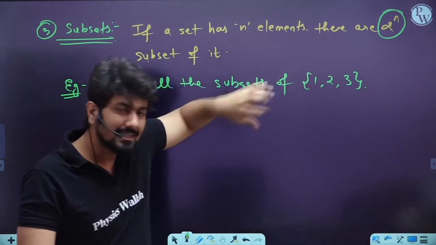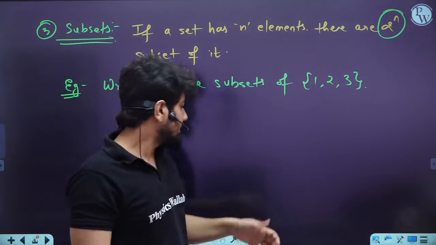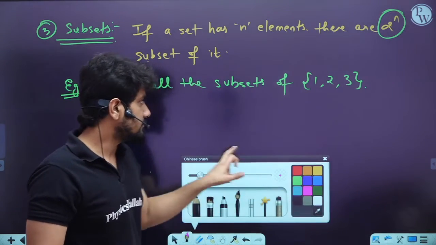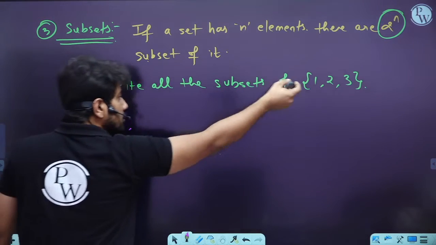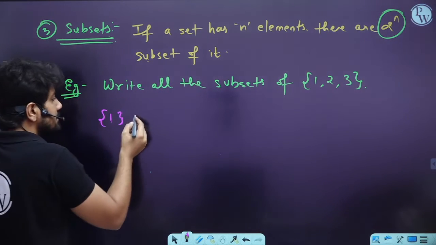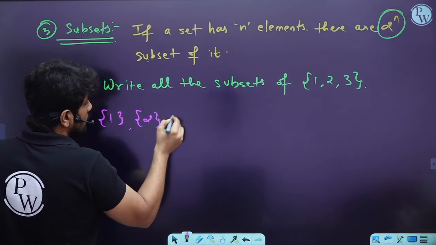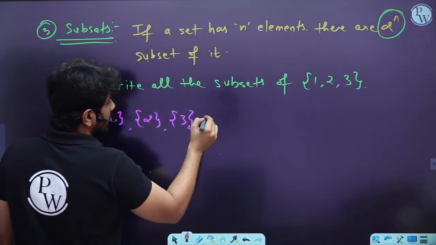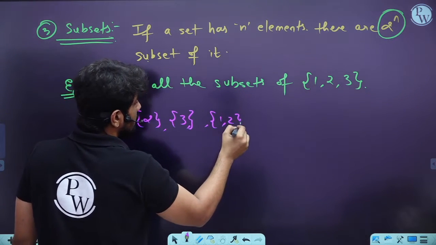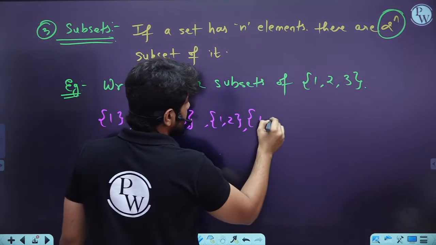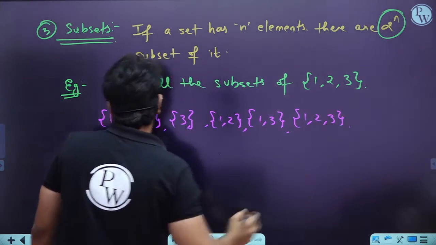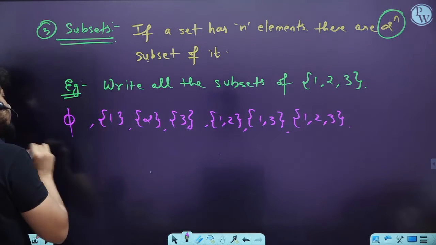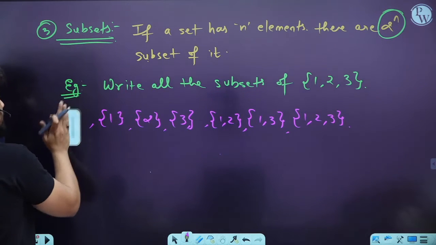Its subsets will be: either I can just take 1, because this is formed from these elements, or I can take 2, or 3, or 1 comma 2, or 1 comma 3, or 2 comma 3, or 1 comma 2 comma 3, or I can take nothing, which is the null set, phi.